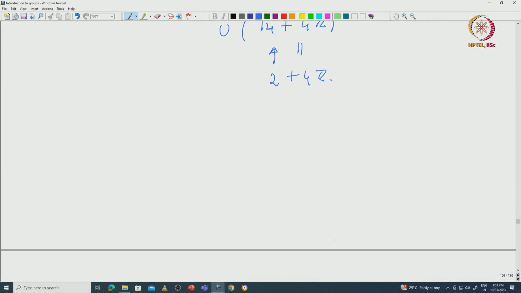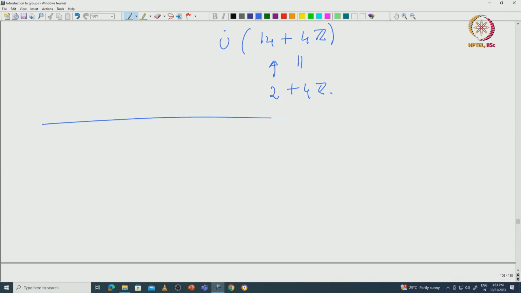Now, from what we have done before, we are taking these residue classes and adding them. To add them, it is enough to add some elements from them. For example, using this notation, we want to define the residue class of a modulo m plus the residue class of b modulo m.